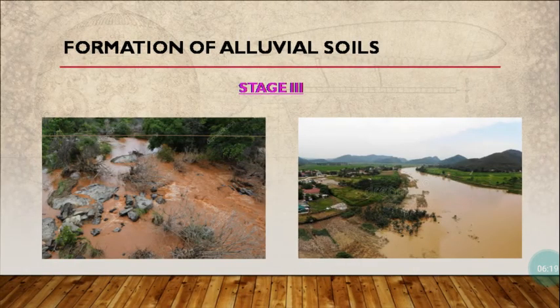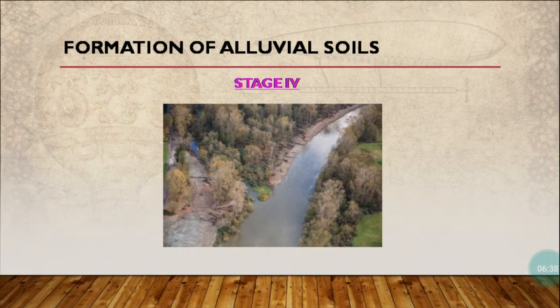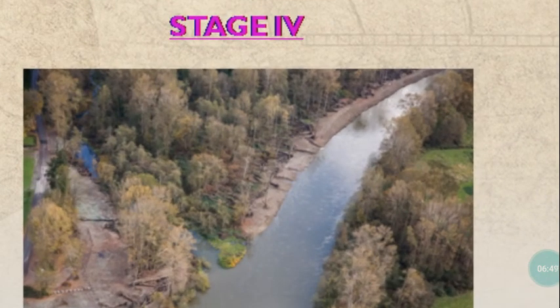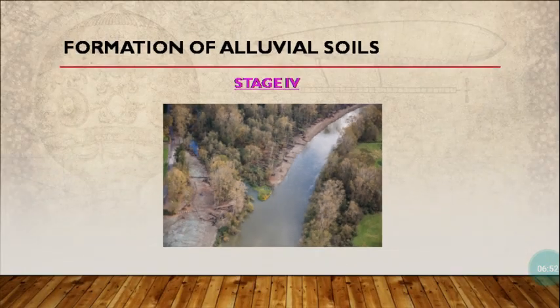As time passes, the capacity of the river for deposition decreases, and due to heavy rainfall there is an overflow of the river, or we can observe the flood. After the flood, the deposited sand and silt spread over and stagnate beside the river bank area, and in this way they form the alluvial soil. So this is the full process of the formation of alluvial soil.